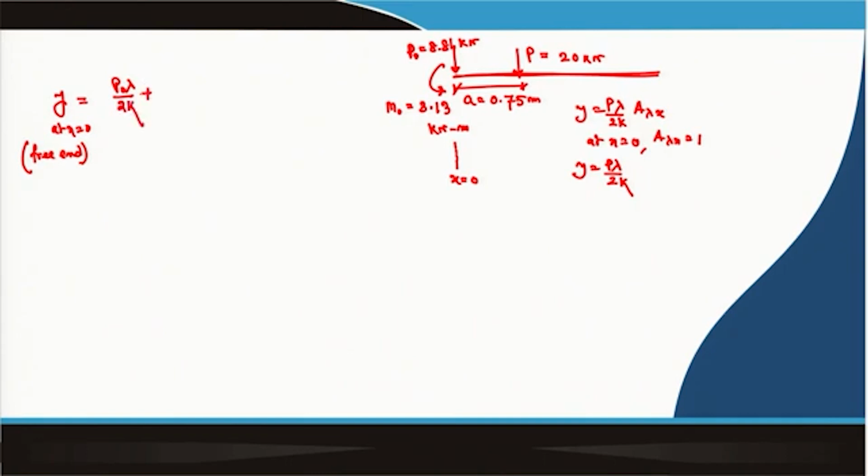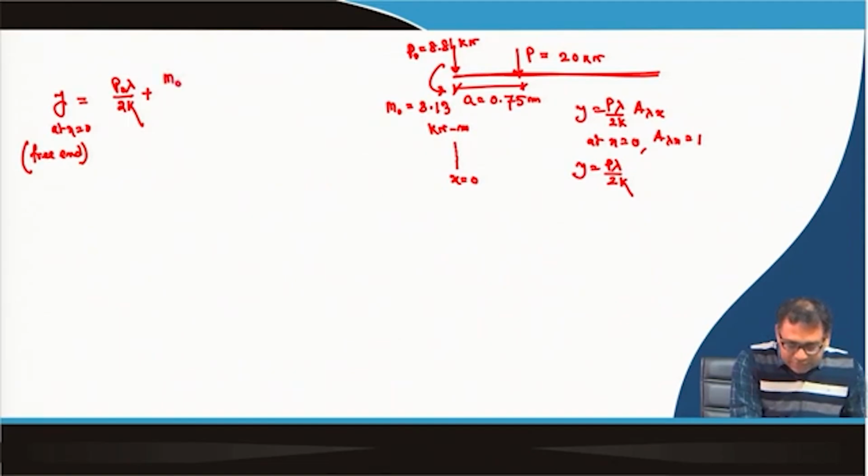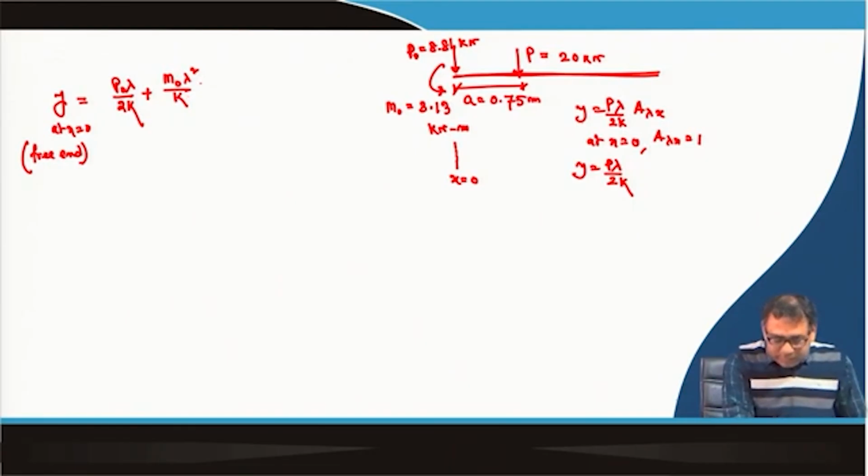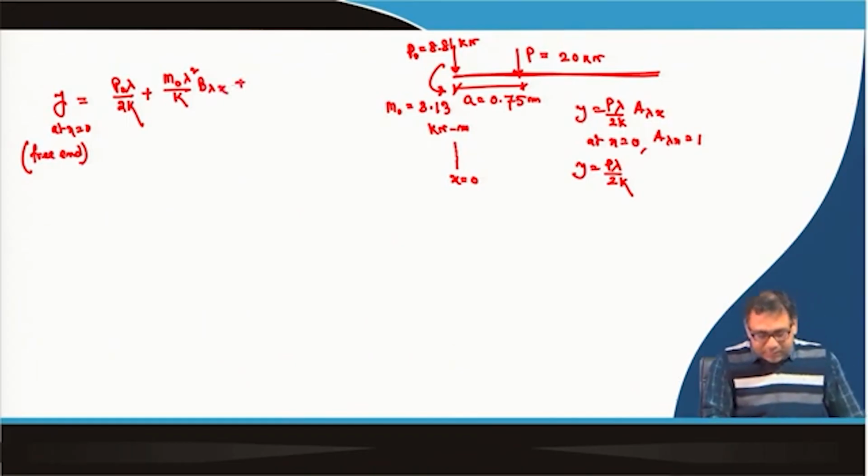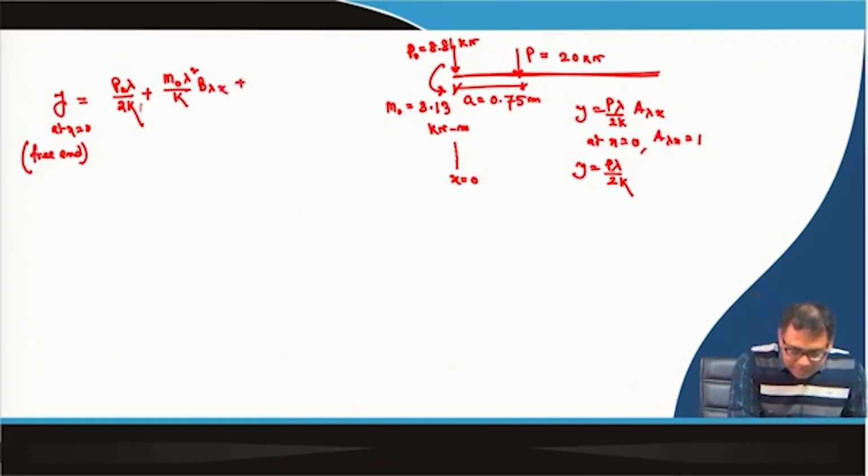Then, because of this moment also, I can get m0 lambda square by k into b lambda x, plus, here also I am writing A lambda x.